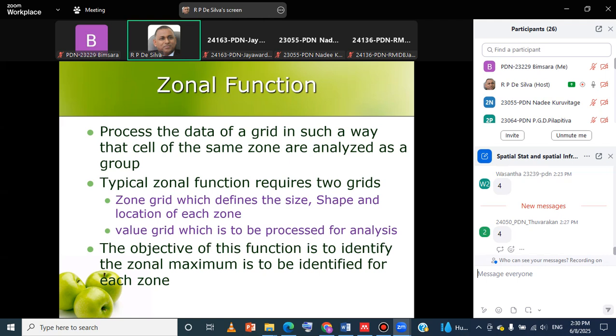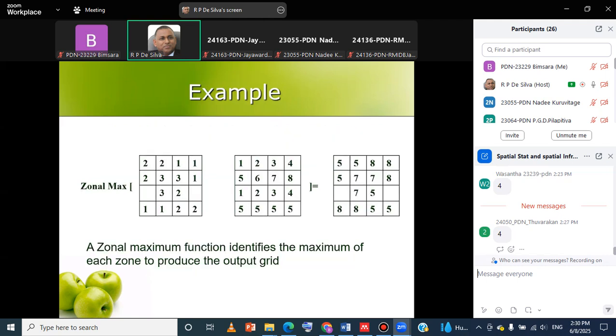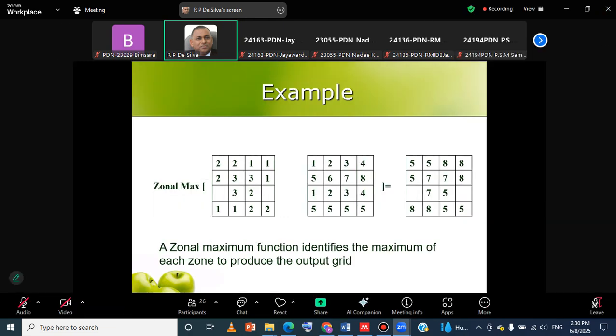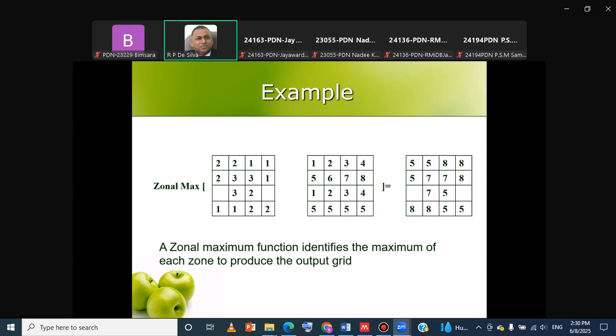Right? We'll look at the example. We are looking at the zonal max function. You have a zone grid. The first one is a zone grid. The second grid is a value grid. The zone grid identifies zones. Now, if you look at zone 1, it's located at two places.